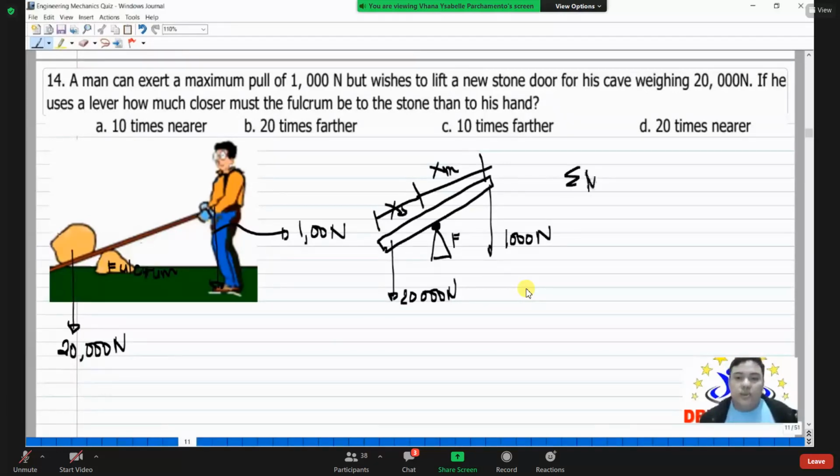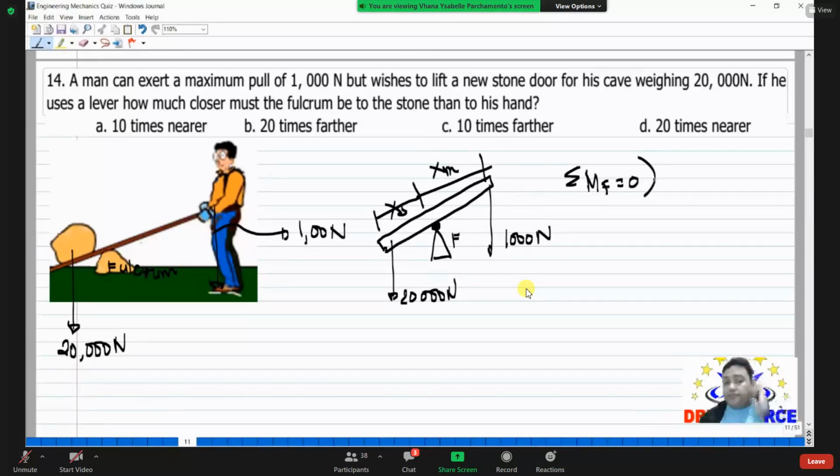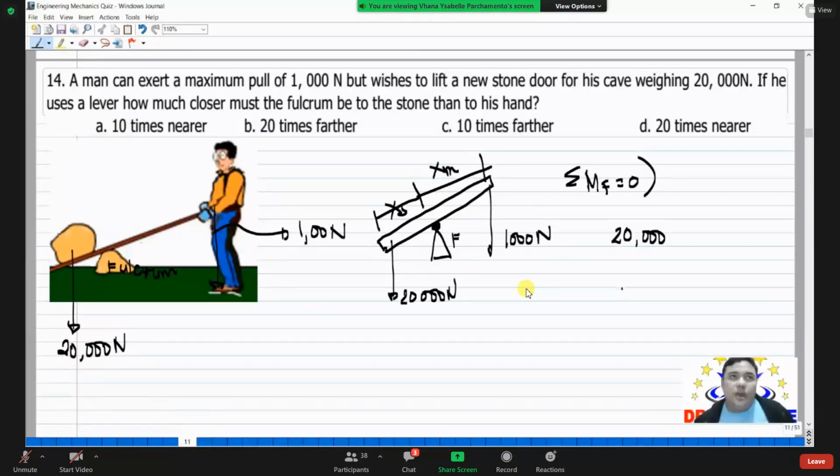So using moment equation, moment at the fulcrum equal to 0. So therefore, we can say that 20,000. So since positive yung ating counterclockwise, negative yung clockwise, so itong 20,000 ay pa-counterclockwise going to the fulcrum.